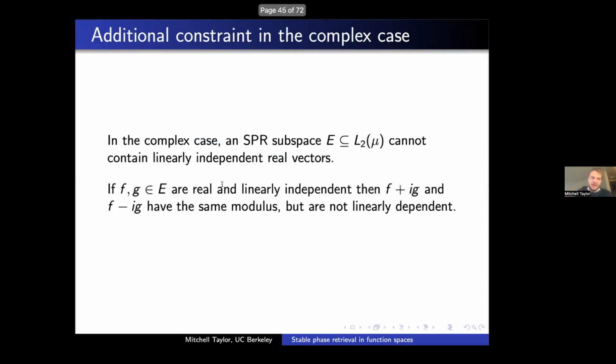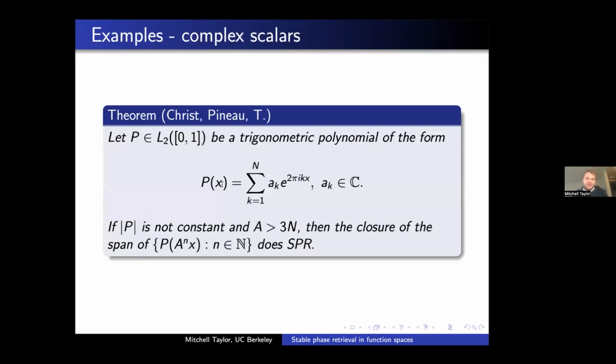And so these subspaces have no chance of doing stable phase retrieval in the complex field. Okay, and luckily we have very simple substitutes for these examples. So let's look at a trigonometric polynomial. Let's assume it's in L2 of the unit interval, and it's given by a finite sum, the sum from k equals 1 to n of some coefficients times e to the 2 pi i kx.